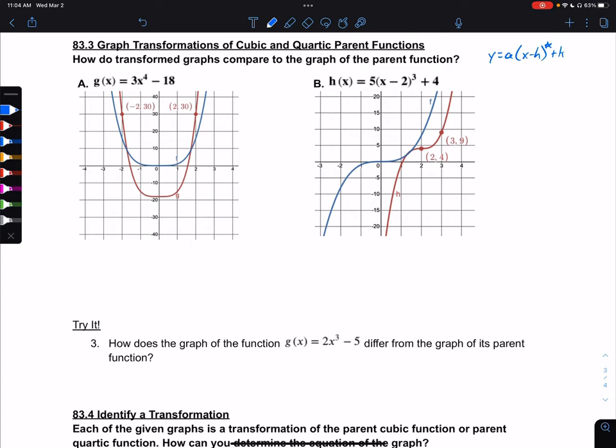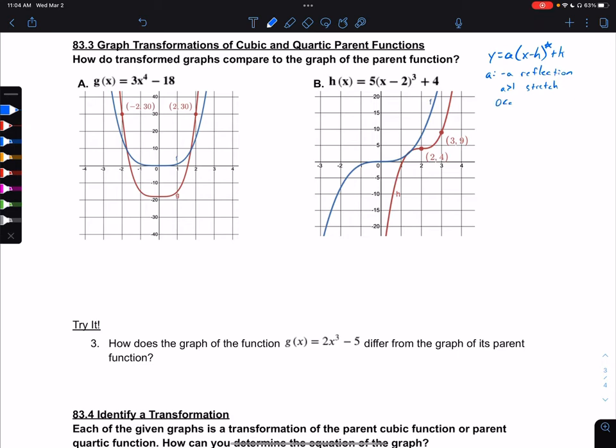It's been a little while, so I want to refresh our minds here. The value a determines a couple of different things. If we have a negative a, we want to remember that there is a reflection. If a is greater than 1, there's a stretch.